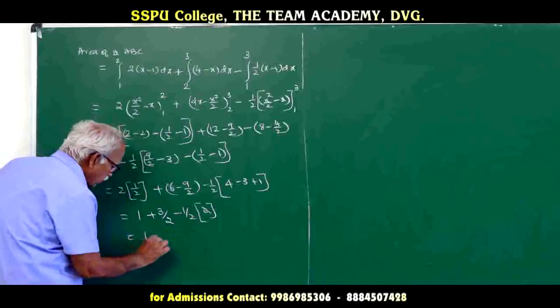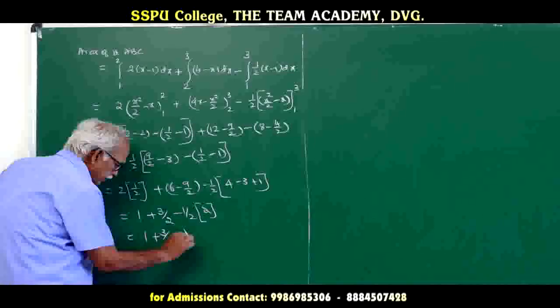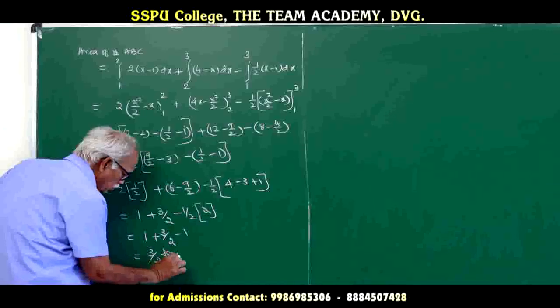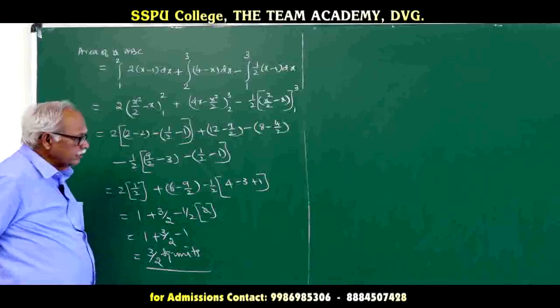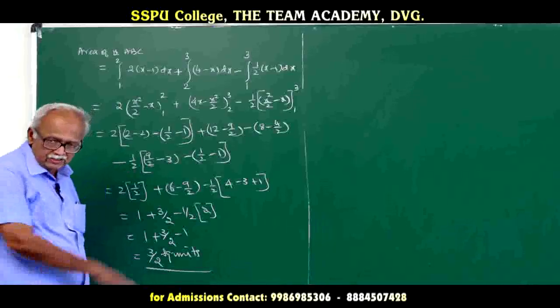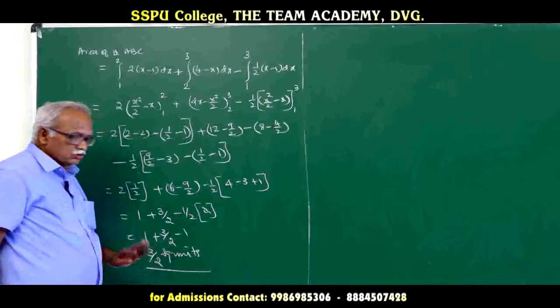So, this is 1 plus 3 by 2 minus 1, which is equal to 3 by 2 square units. So, we have found the area of the triangle using integration. So, this completes the problem. So, area of the triangle is 3 by 2 square units.